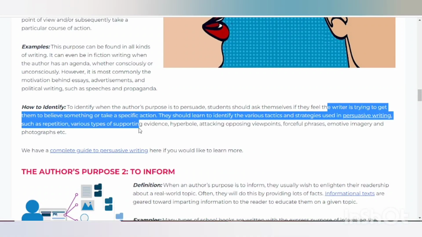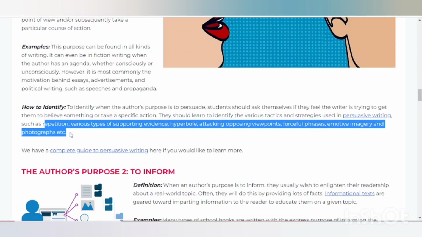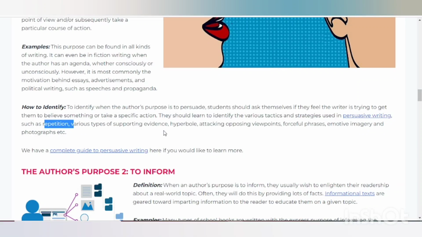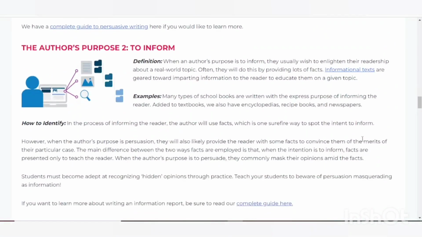They should learn to identify the various tactics or strategies used in persuasive writing, such as repetition, various types of supporting evidence, hyperbole, attacking viewpoints, forceful phrases, imagery, and photographs.